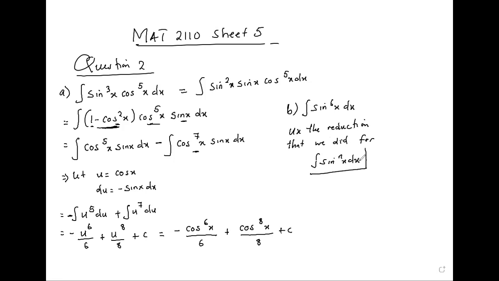We have the reduction of this, so you take n to be 6. Because he knows that you've done the reduction, he may not even ask you to do a reduction. He will just ask you, integrate sine to the power 6x dx. He knows for you to get it, you need to use that method there.